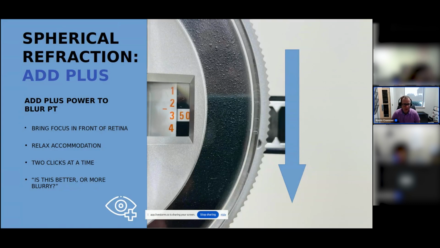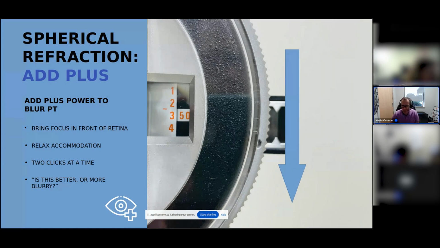The first thing we're going to do is move the focal point in front of the retina. Presumably the focal point is somewhere in the vicinity of the retina because you already put in their prescription. The first thing we're going to do is add some plus power.